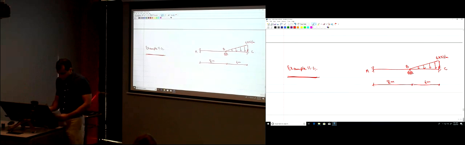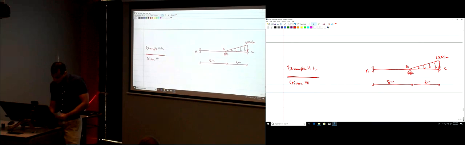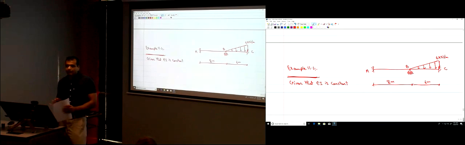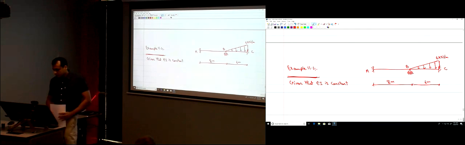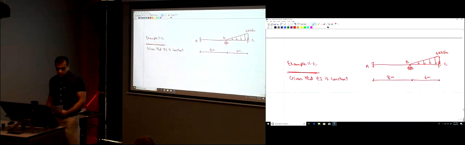We're given that the value of EI is constant. So members AB and BC have the same modulus of elasticity and the same moment of inertia.